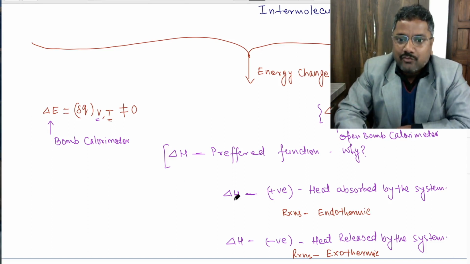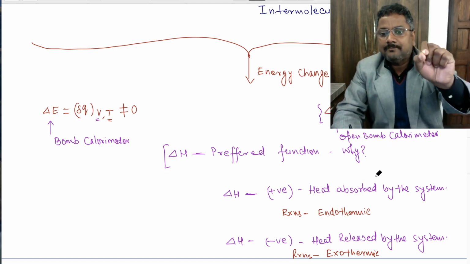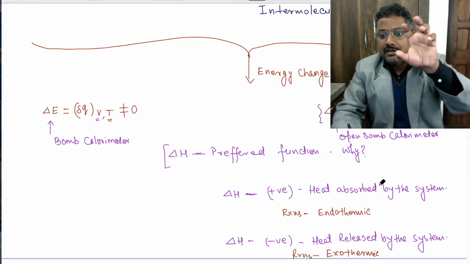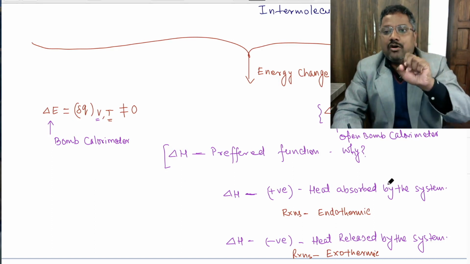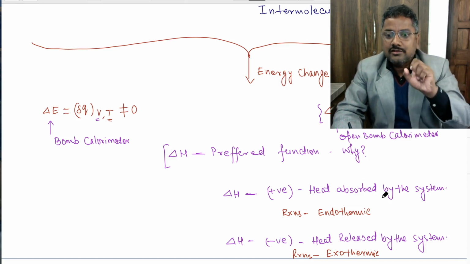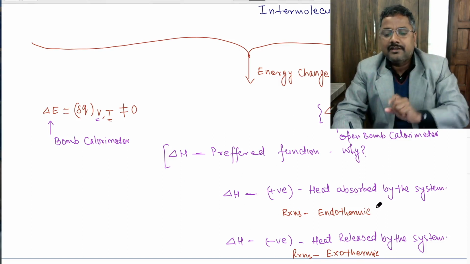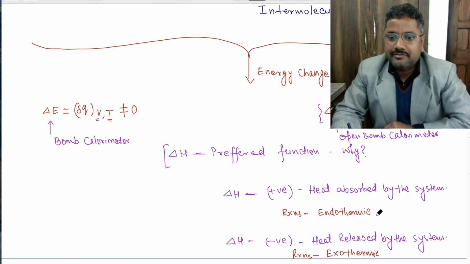So what delta H measures here, at constant T and constant P, directly indicates the strength of bonds, the strength of chemical bonds present between different atoms.